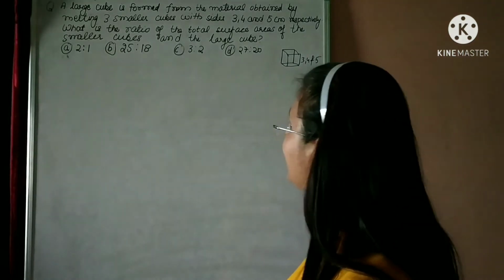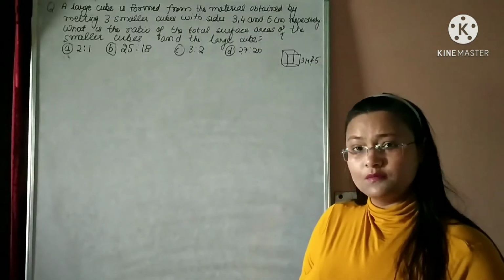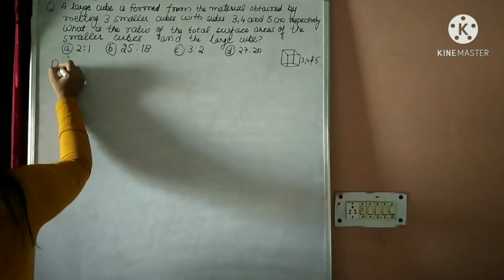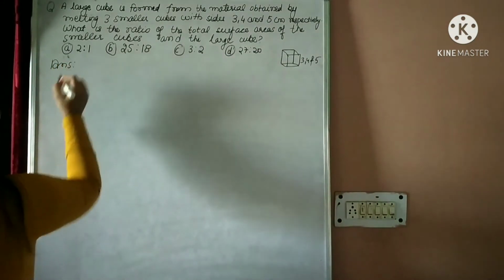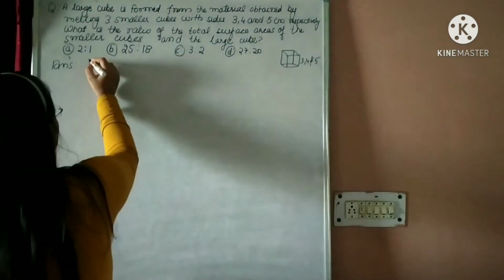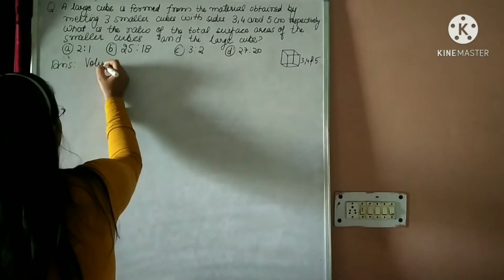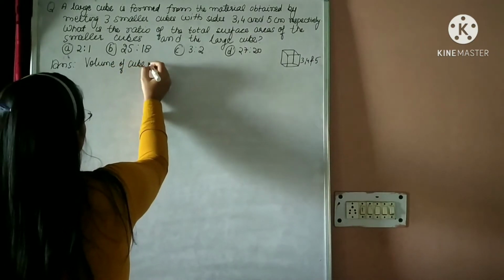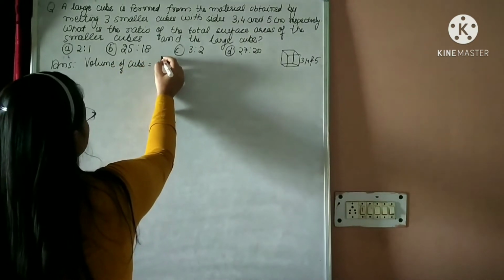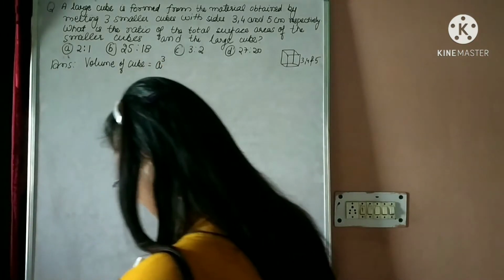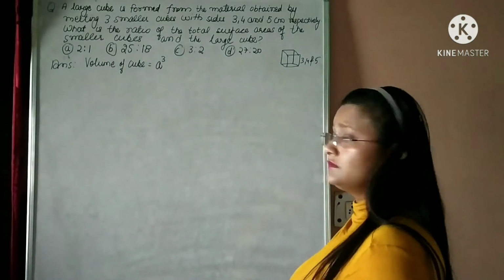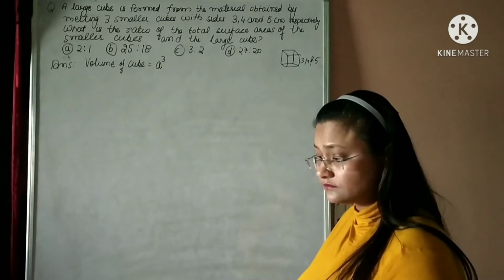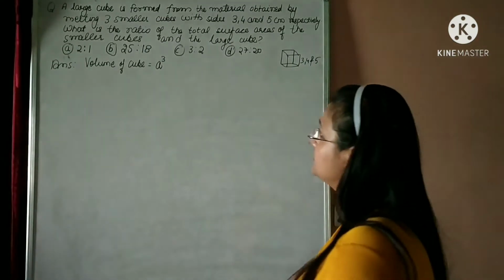So first of all, let me write the formula of the volume of a cube. Volume of a cube is A cube, where A is the side of the cube. We will find the combined volume of all the three cubes.